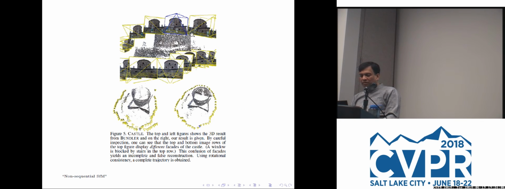Similarly, for example, this is from this paper, non-sequential structure from motion. If you have a castle, which is again symmetric, you start having the same kind of problems, right? So you need to have a careful way of removing the outliers from your data set, otherwise you're going to get incorrect camera estimates like this, okay?